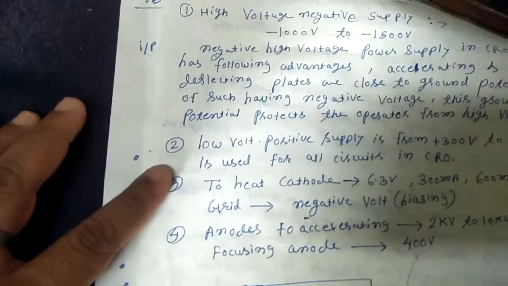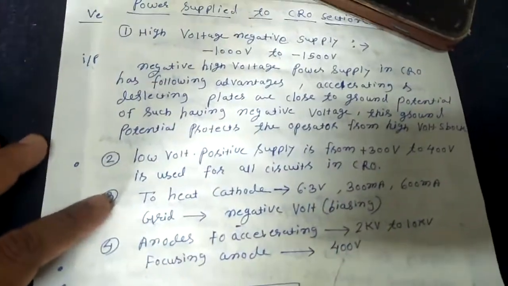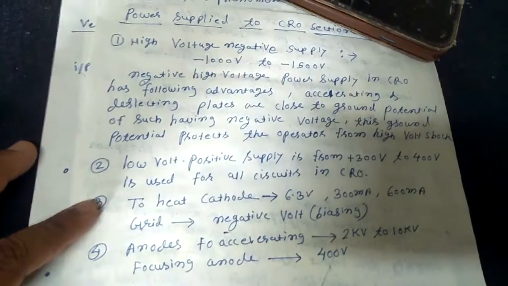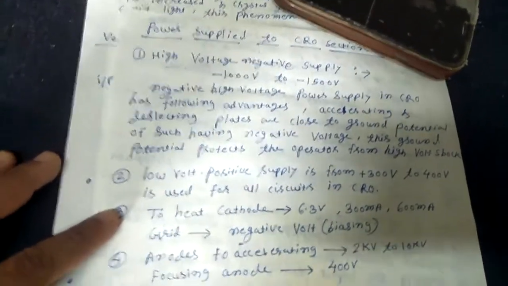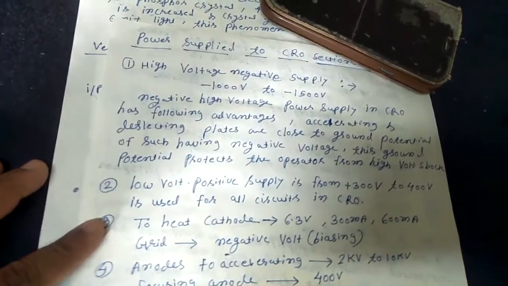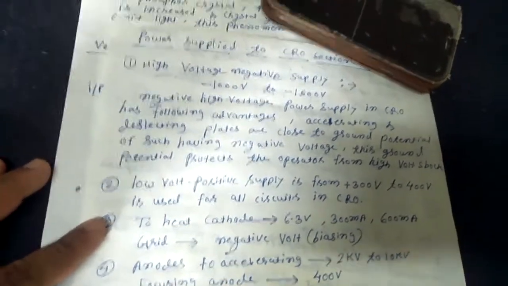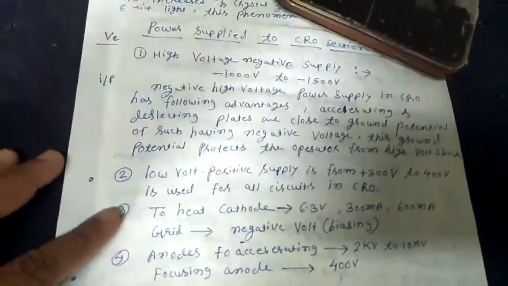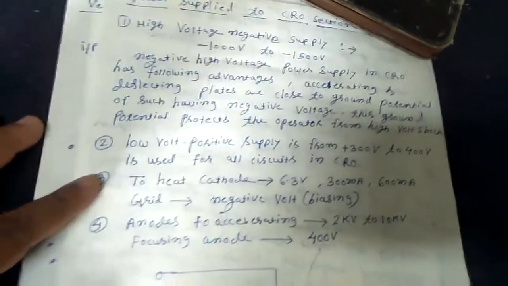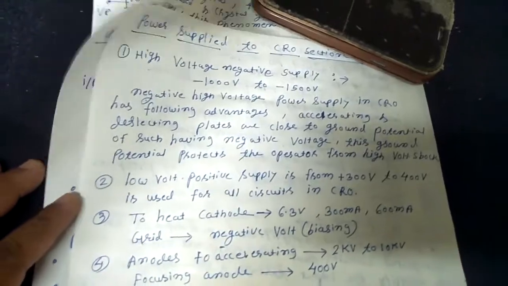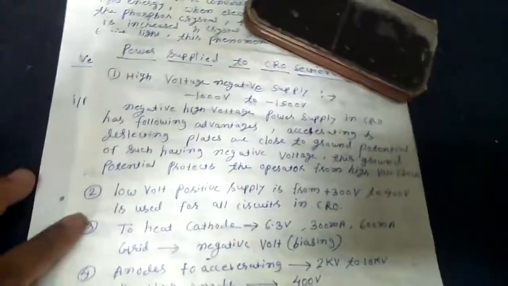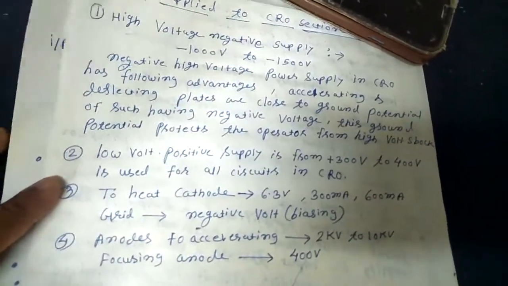And the low voltage positive power supply is 300 volt or 400 volt. This voltage is used for the anode voltages, that is, for the pre-accelerating anode, the focusing anode, and the accelerating anode. To increase the acceleration of the beam, we apply voltages to the anodes.